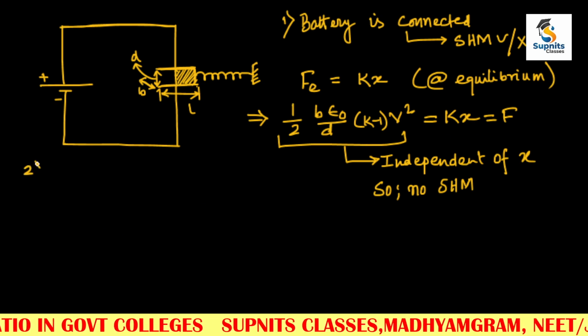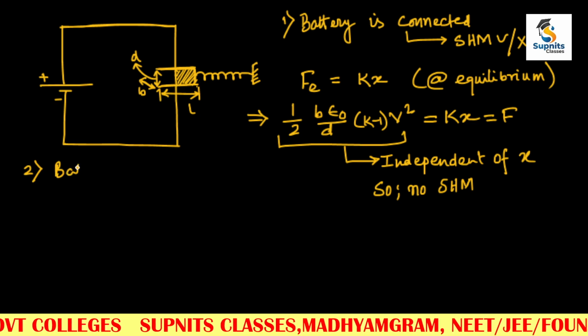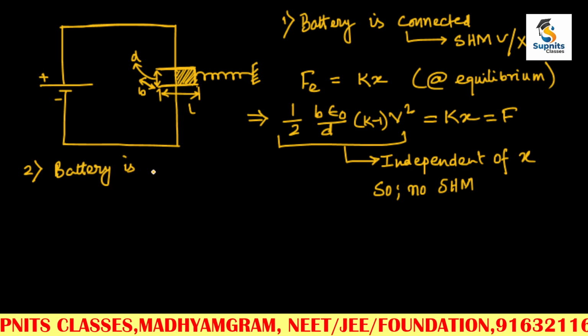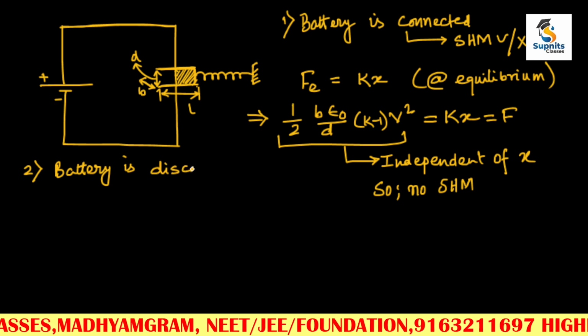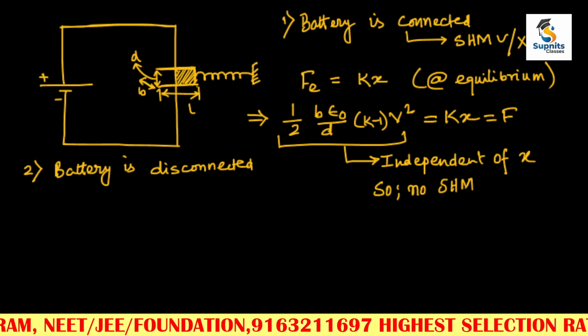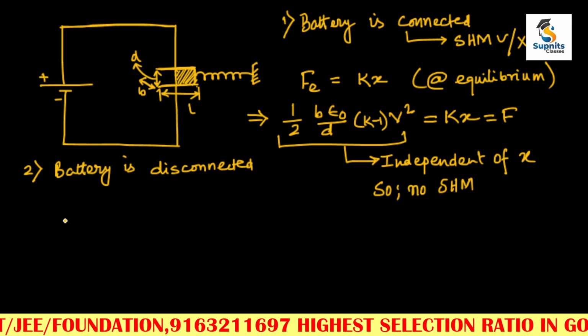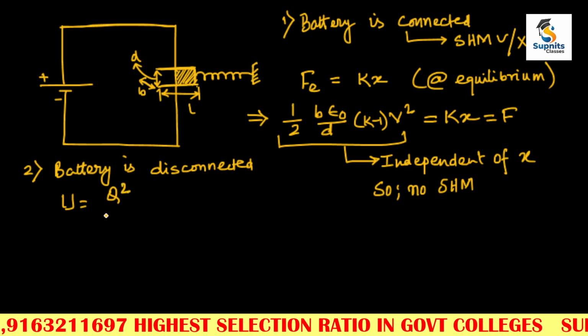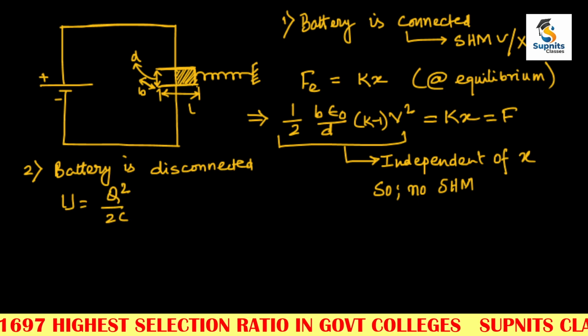What happens if the battery is disconnected? If the battery is disconnected, so see, you cannot use this v square formula. You can use this one. You know that U is equal to the stored potential energy I am talking about, Q square by 2C.